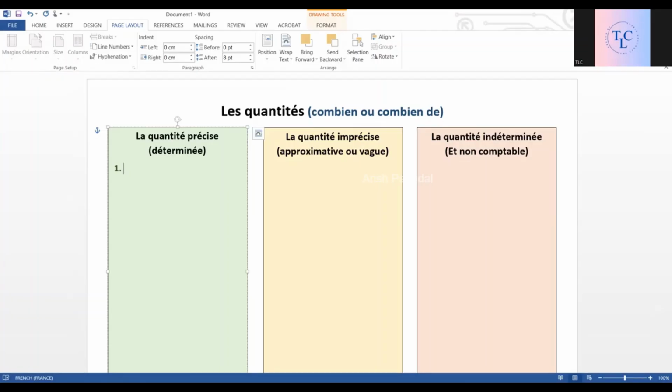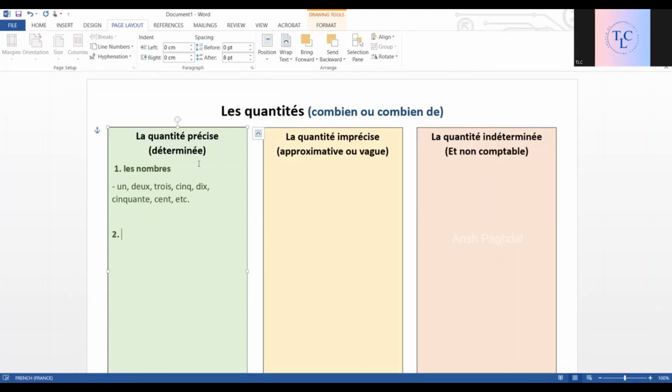So the first way of expressing it is using the numbers, les nombres. Like 1, 2, 3, 5, 10, 50, 100, any number. So that's how we do.